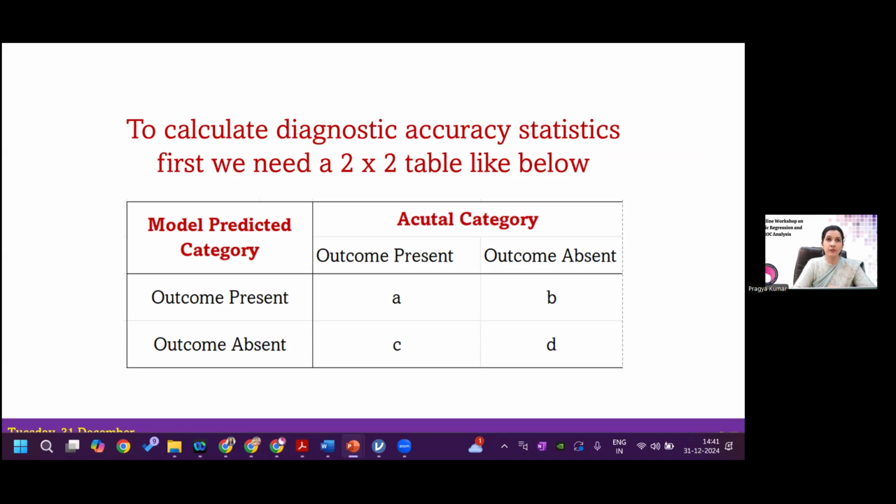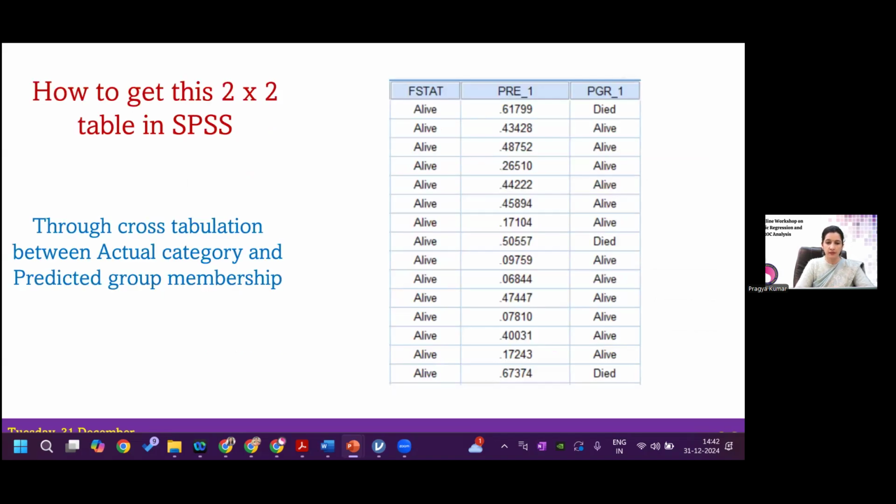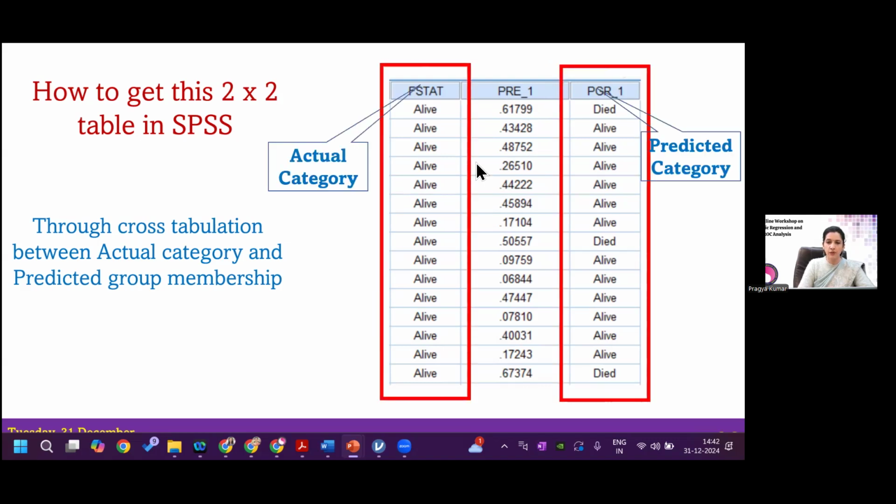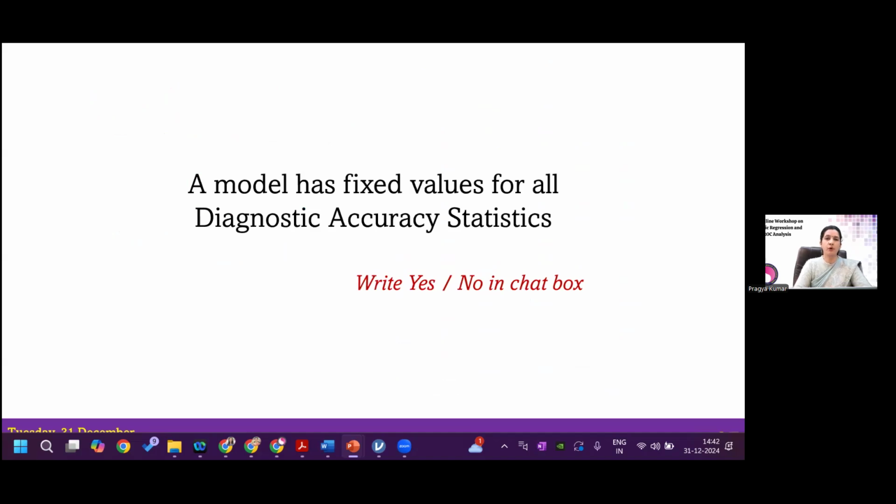Here we are depicting the actual category and the model predicted category, with the same A, B, C, D. In SPSS also, you have the predicted probability and predicted group membership, and in Jamovi also we have seen them. So can you say that a model has fixed values for all diagnostic accuracy statistics? Can you say that its sensitivity, specificity and likelihood ratios will be fixed?